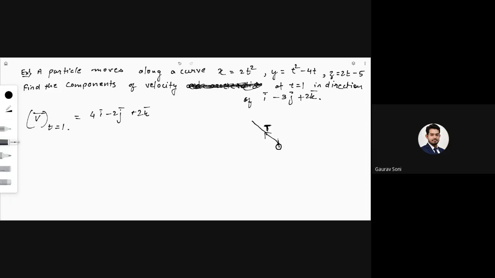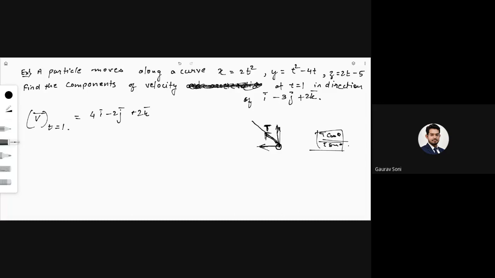There will be some force acting in upward direction and some force acting in this direction. So you say T cos theta, T sin theta, something like that. So this vector has some component in this direction as well as this direction. That is what is called resolving.